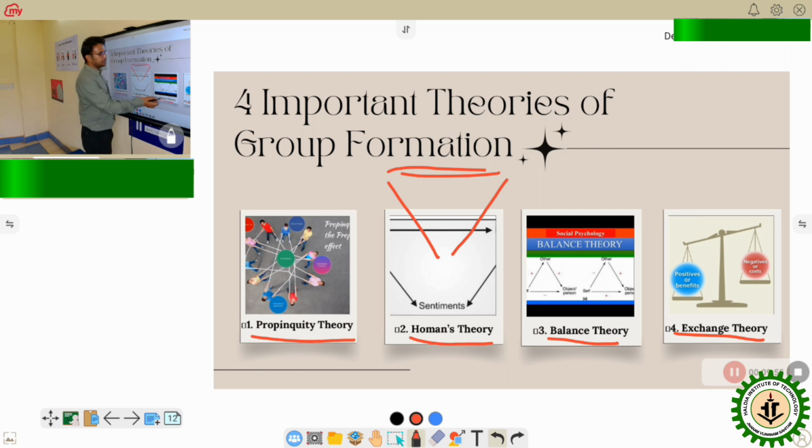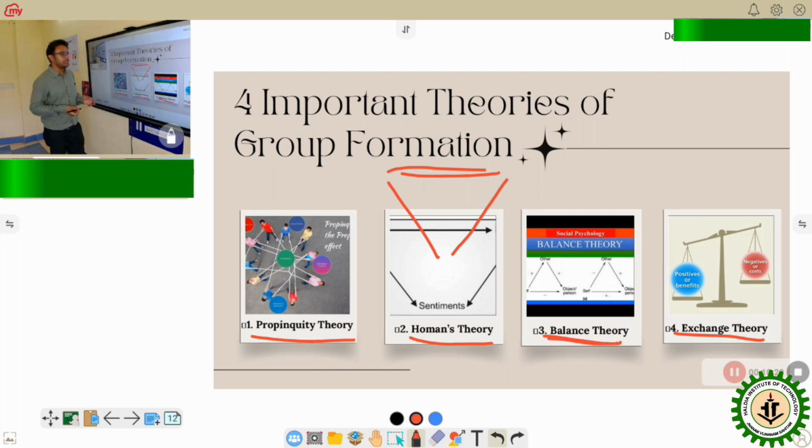Next, third is balance theory. Balance theory is also given by Theodore Newcomb. There are some people who share the same kind of feeling with each other. Suppose some people believe in football. So what is balance theory?